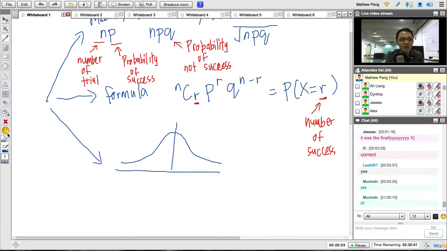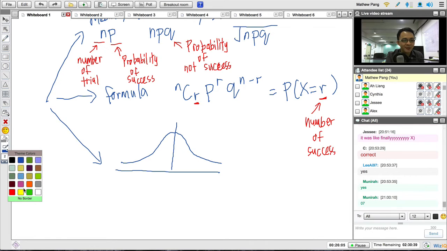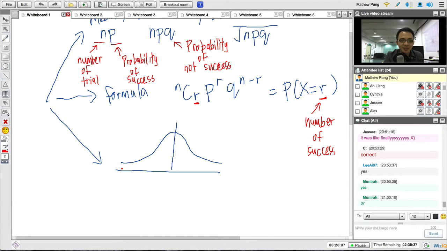And for the bell-shaped diagram, there is something I want you to understand before we go further. First, the content inside the bell-shaped diagram is actually the probability. The content I shaded in red is probability. Here is 0.5 and here is 0.5, so both together equal 1.